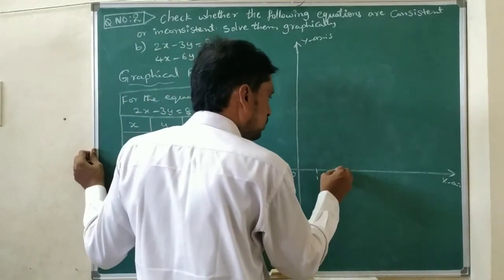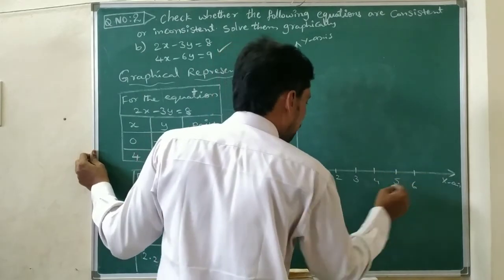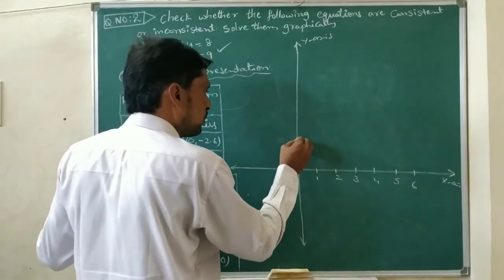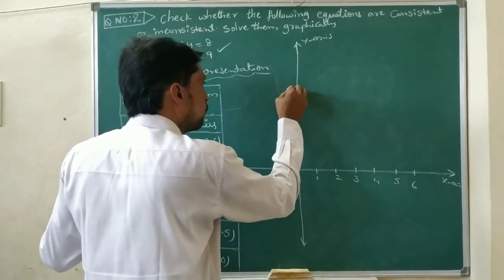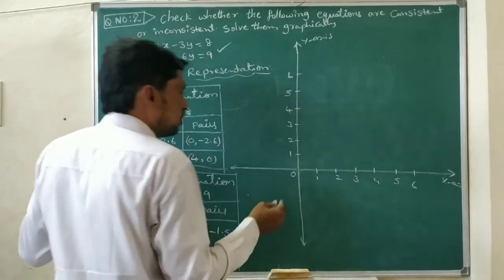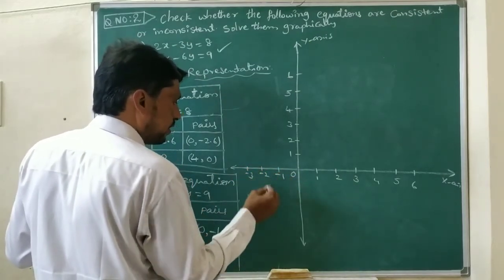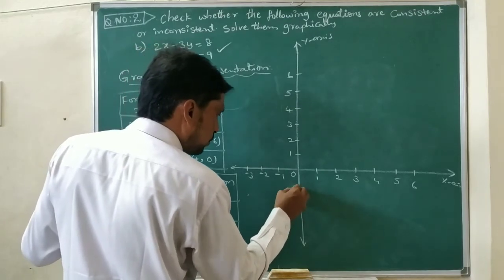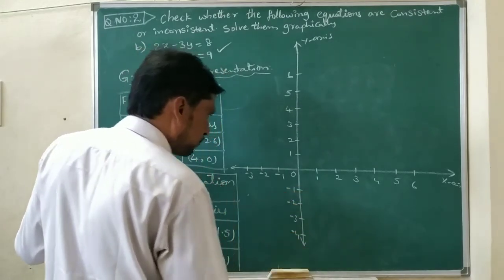Here 1, 2, 3, 4, 5, 6, and above 0 also 1, 2, 3, 4, 5, 6. On the left side, the values are -1, -2, -3, and below the 0, -1, -2, -3, -4.